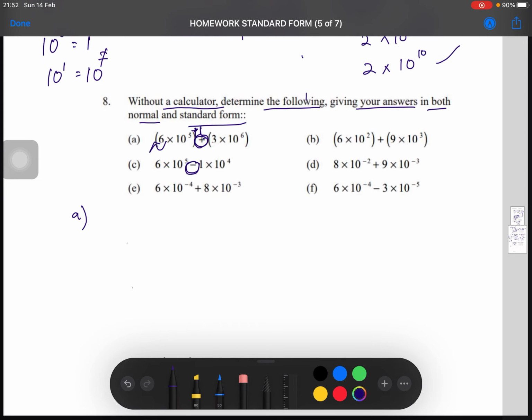Okay, B, we proceed with B. This one is 2, this one is 3, I want to choose 3.